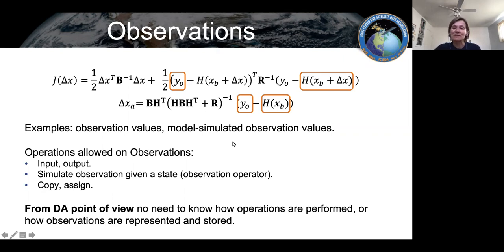We could copy, assign. Again, from the OOPS or DA point of view, there's no need to know how you read in those observations, or which files they were stored in.